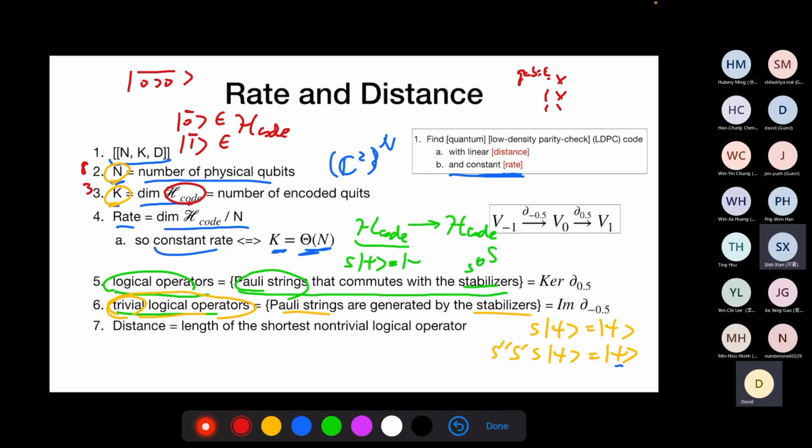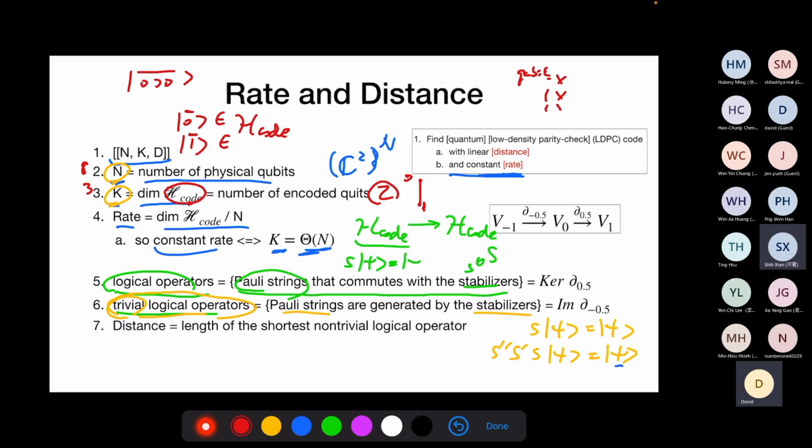One way is, okay, we can think of the usual case. Say you have just a qubit. Then how do you distinguish 0 and 1? One way is that you can measure using the Z operator, and you will see that it's spin up or spin down.